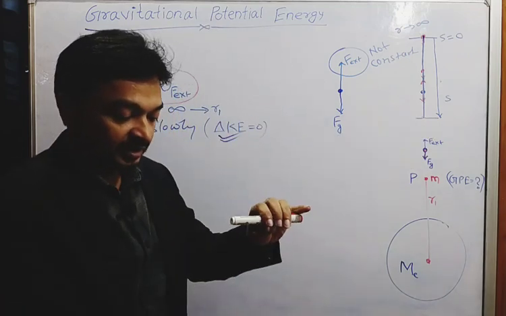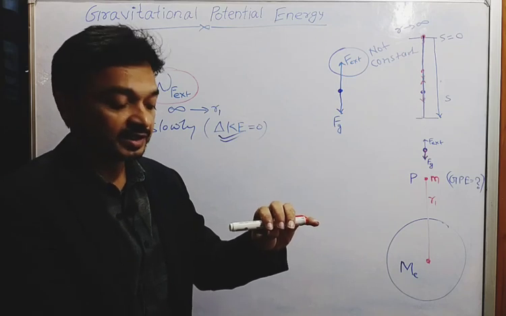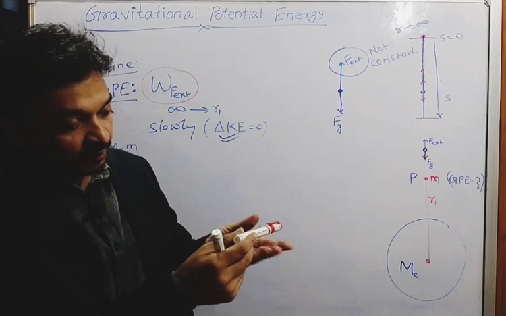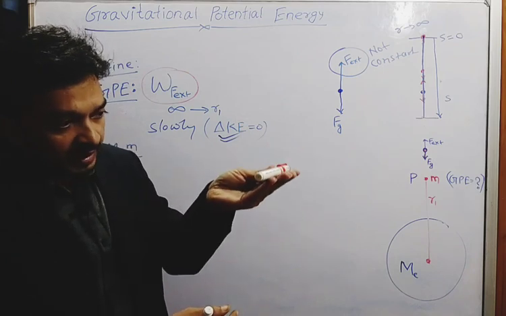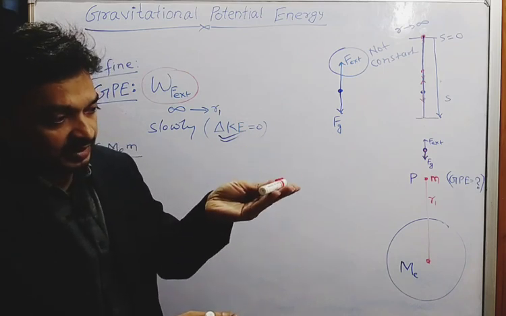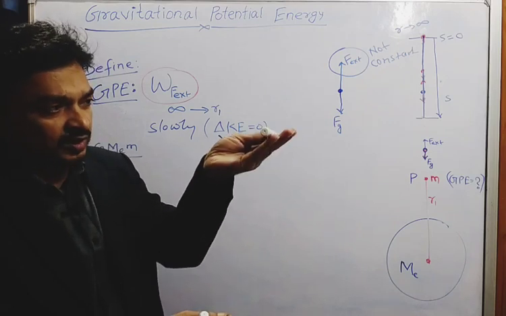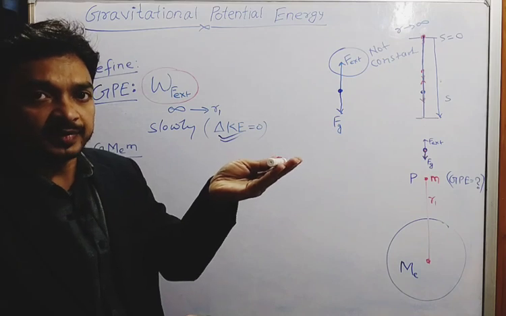Suppose there is an earth below me having a radius of 6400 kilometers, and I am moving this object a small distance, from here to here, 2 centimeters, 3 centimeters.